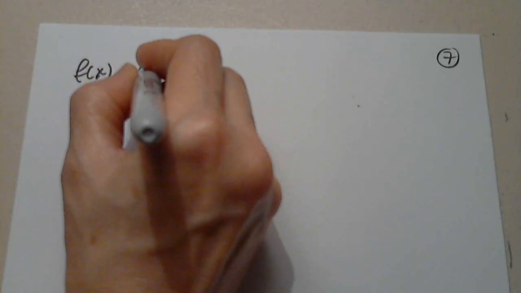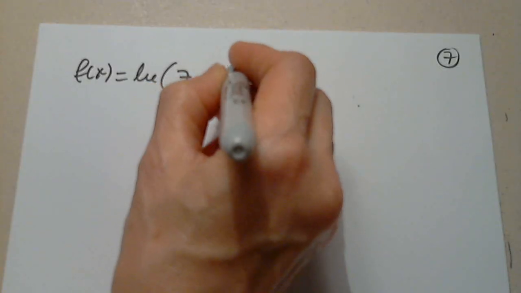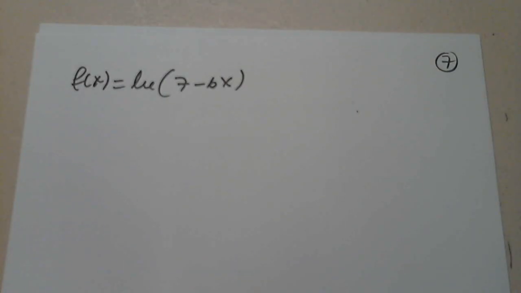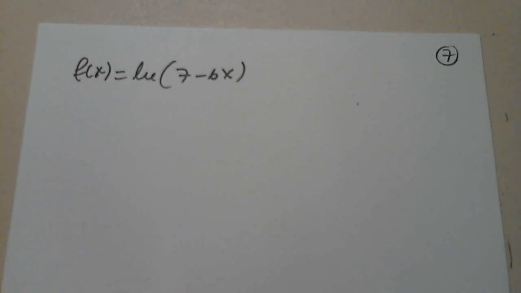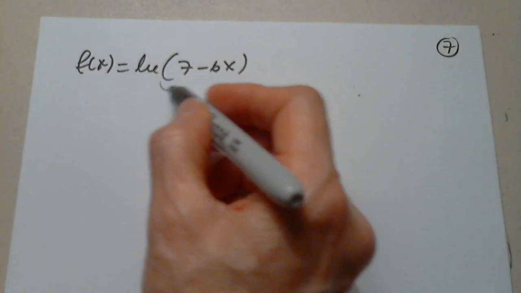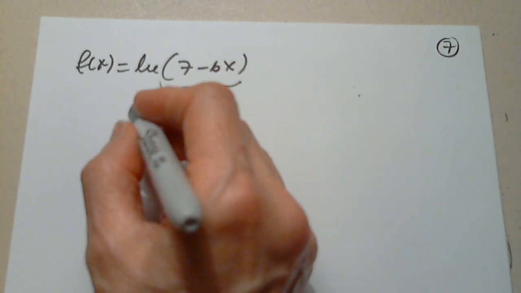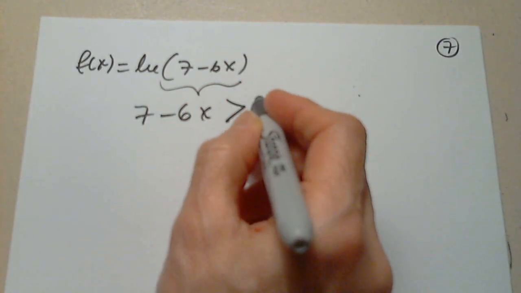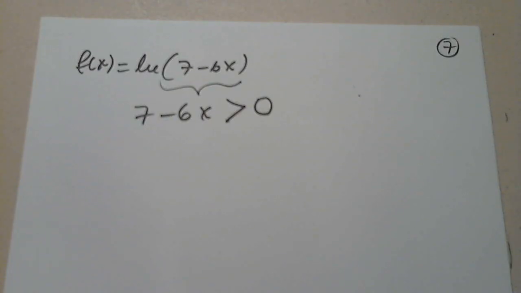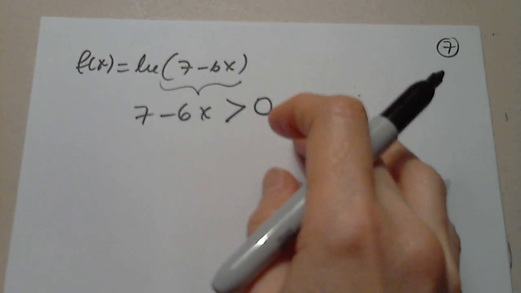Sure. Okay, so for f of x equals natural log of (7 minus 6x). Remember, natural log exists only if the quantity we apply it to is strictly greater than 0, not even equal to 0. So I move 7 to the other side.